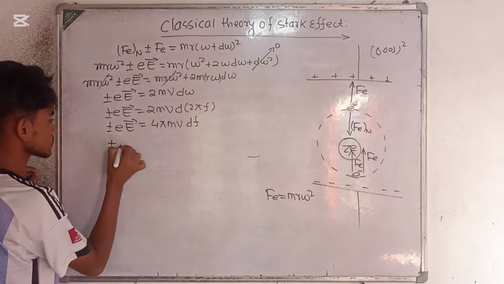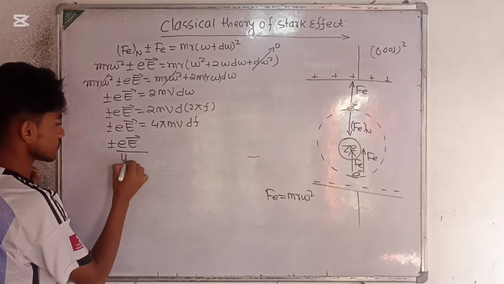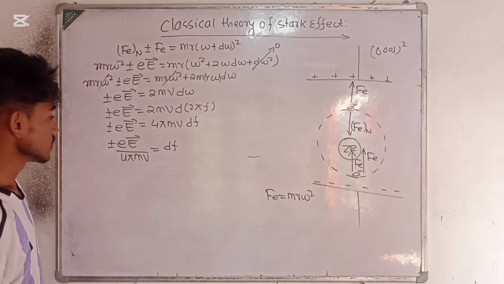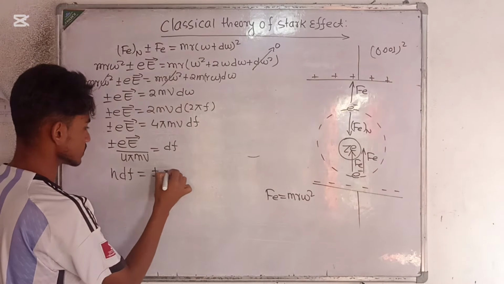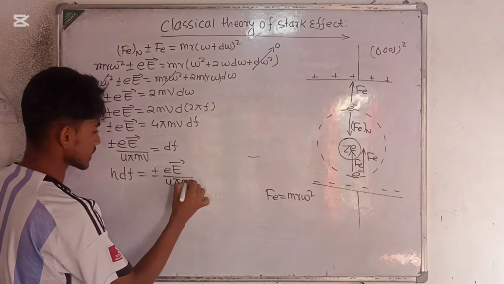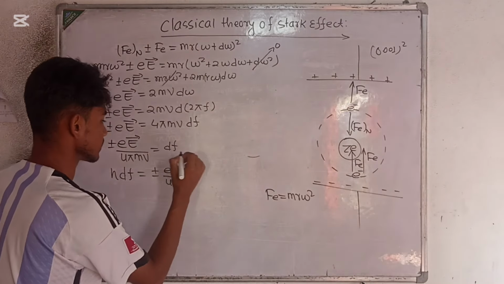So I am writing plus minus E vector by 4 pi m v and making df alone. I am multiplying both sides by h, as I have already done in my earlier video where I explained the classical Zeeman effect, so I have to write h here also.